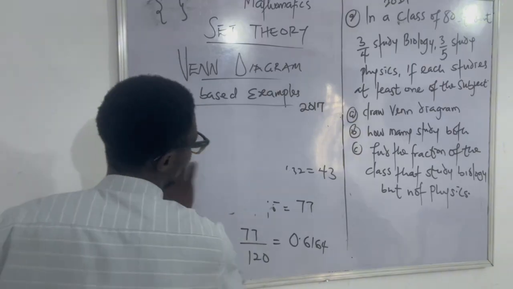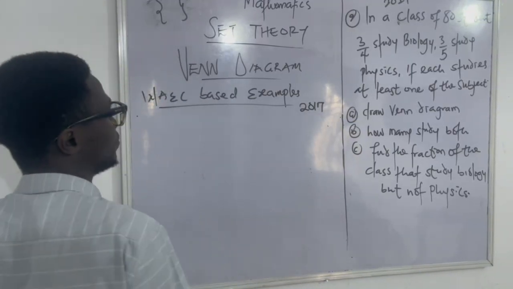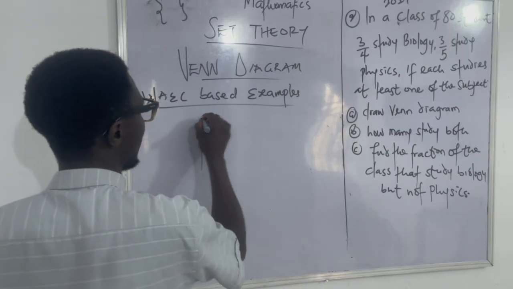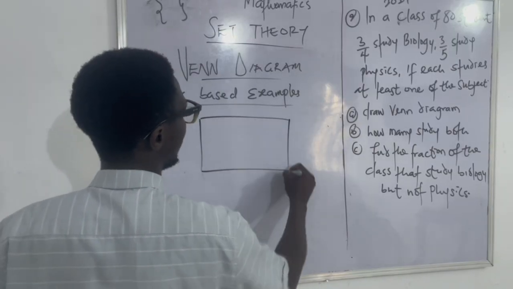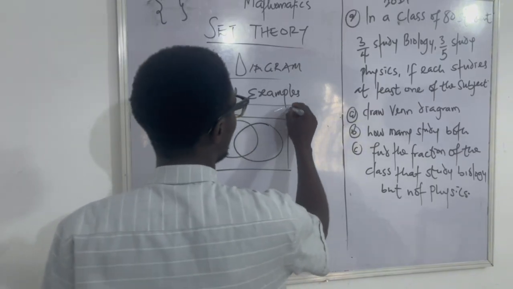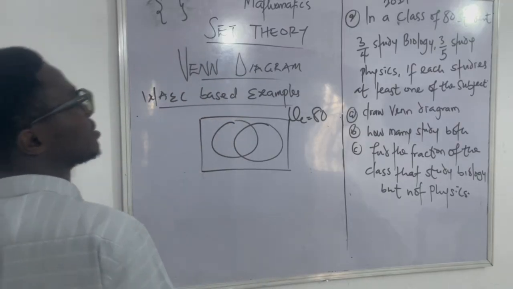So here we are going to draw the Venn diagram. The universal set is 80 students.